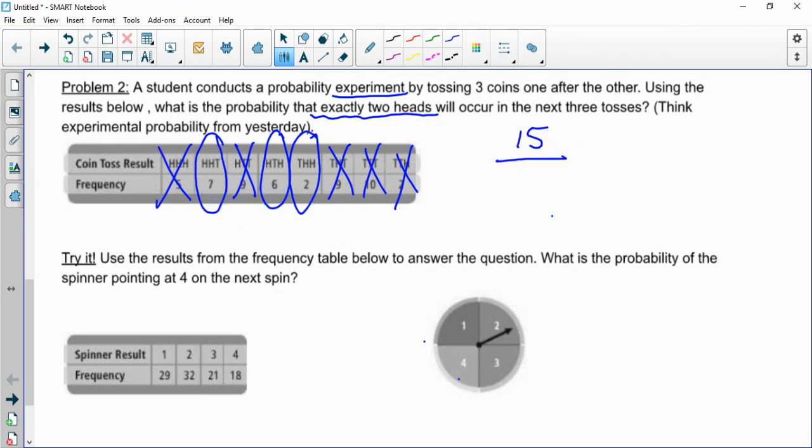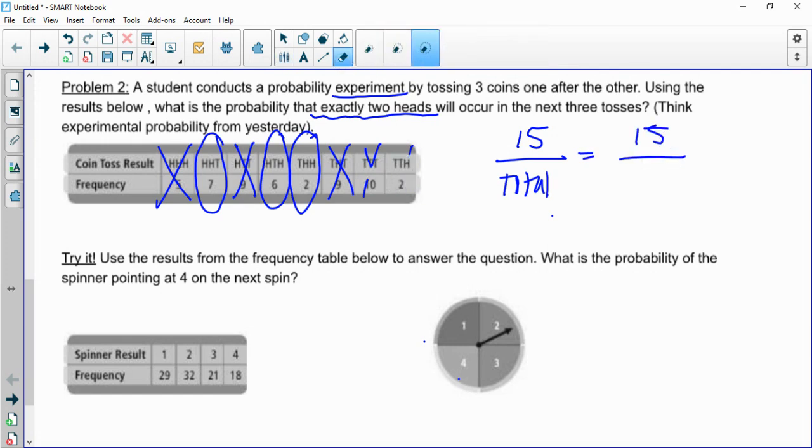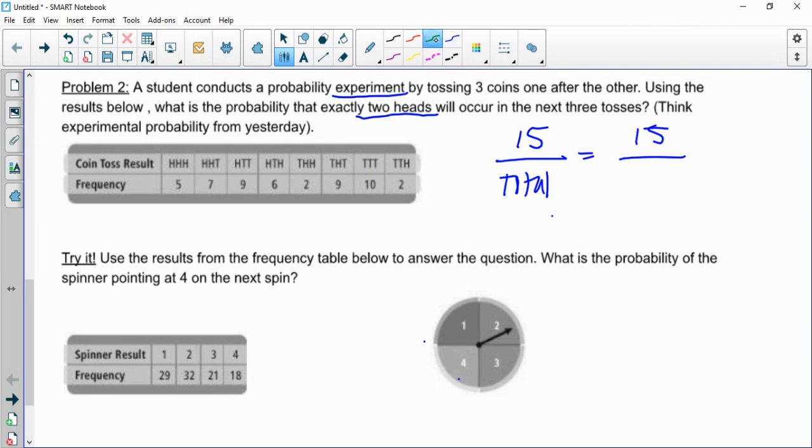So it's 15 out of, and just like before, we need the total number of flips. So we need to figure out what all these numbers in the table add up to. 5 and 7 is 12. 9 and 6 is 15. That's 11. That's 12. So 24. 24, 39, 50, I think is the total.